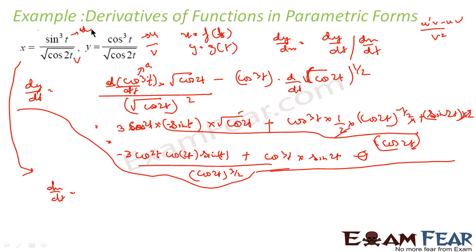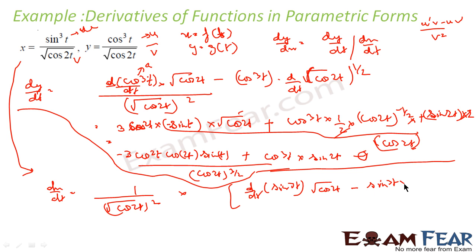U by v. So v square, that is again the same thing, root cos 2t whole square. This into u dash, that is d by dt of sine cube t, into v, that is root of cos 2t, minus sine cube t into d by dt of v, that is d by dt of root cos 2t.